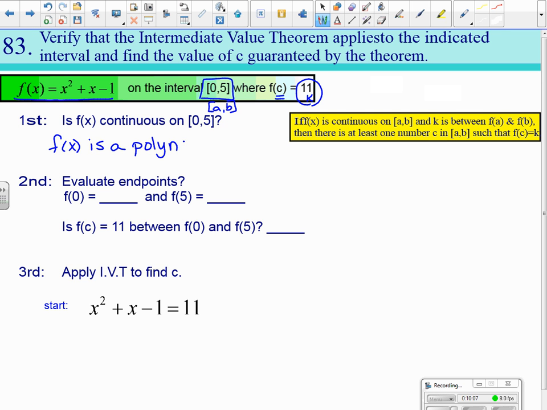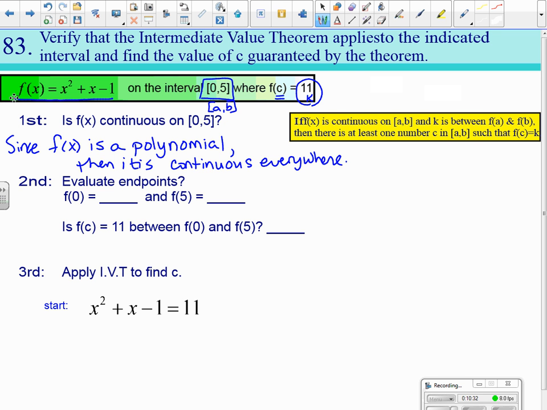And we just talked about the fact that polynomials are continuous everywhere. So I'm going to write, since f of x is a polynomial, then it is continuous everywhere. So I've been able to prove that I have a continuous function on the closed interval from 0 to 5.